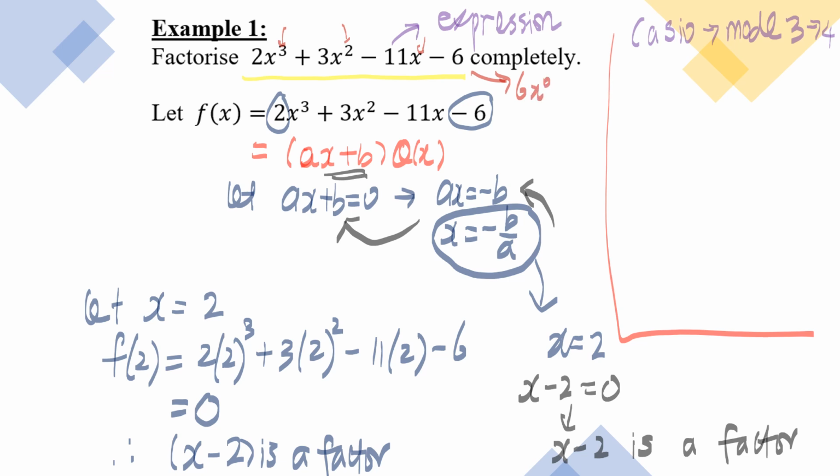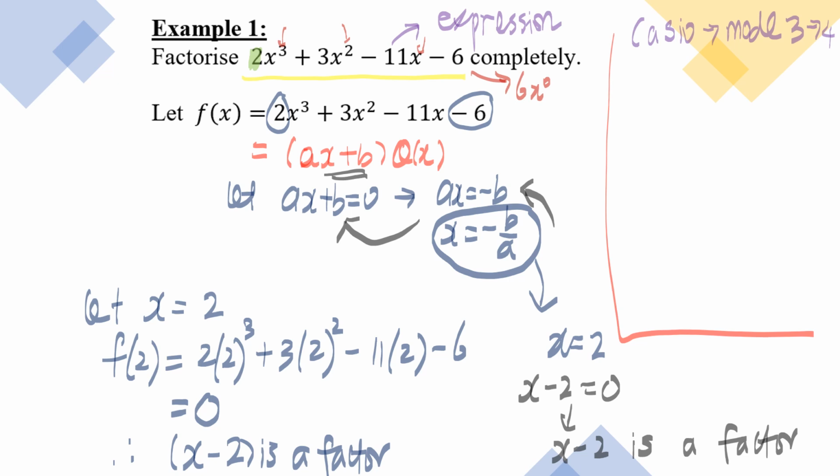Then you just key in the coefficients. If you've forgotten what coefficient means, this is the coefficient. So the coefficient of x cubed is 2, coefficient of x squared is 3, coefficient of x is negative 11, coefficient of x to the power 0 is negative 6. So you just key in all these numbers.